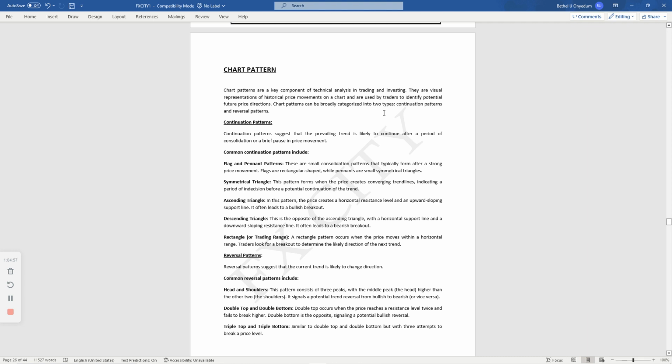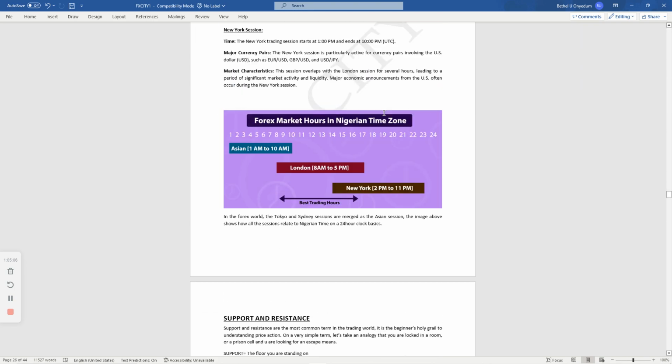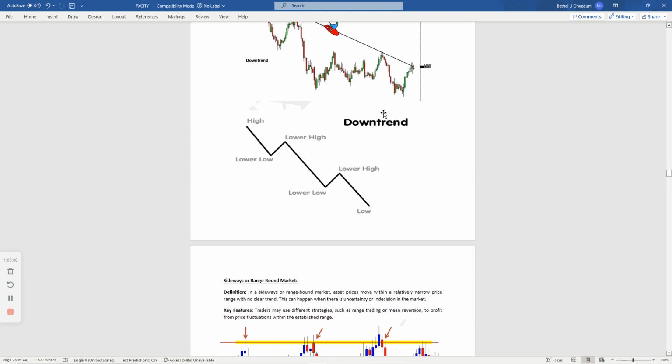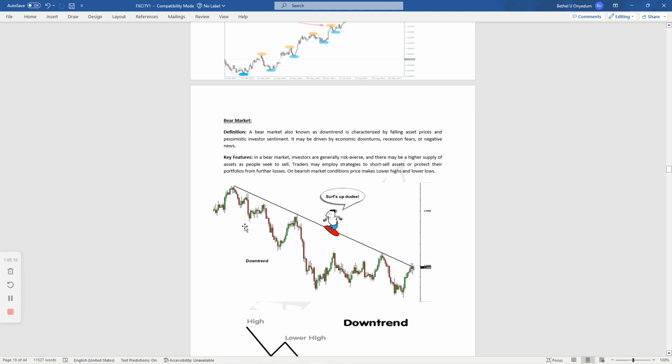Continuation chart patterns indicate, let's say price is trending down and you have a retracement, like what I explained here on the downtrend, you have down, retrace. Most of these retracements, if you look at the chart patterns that we are going to look into, are actually continuation chart patterns that will continue price to the downside.